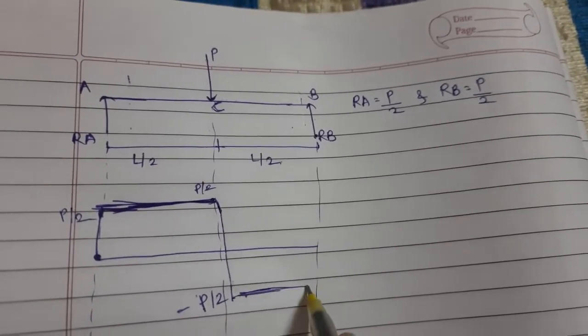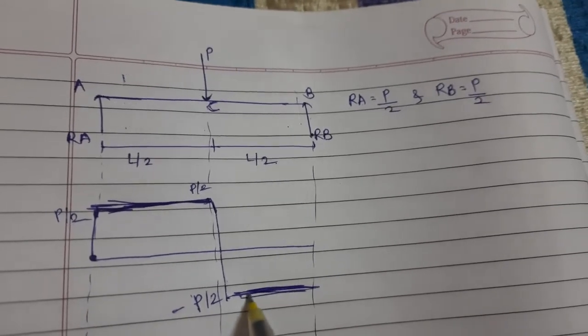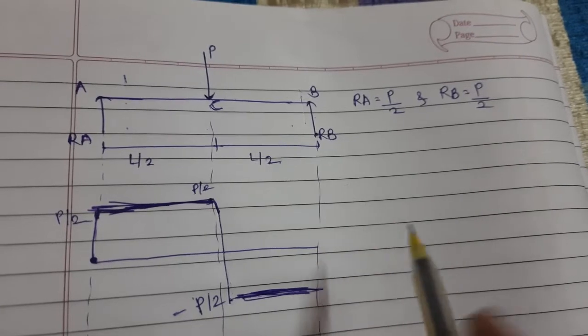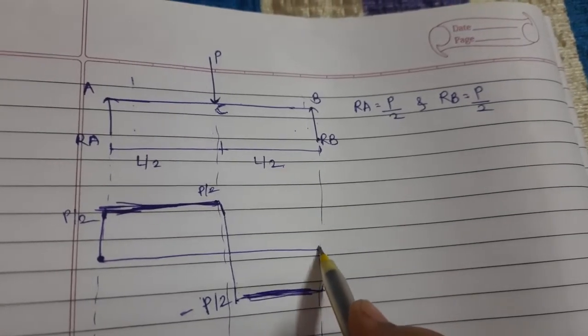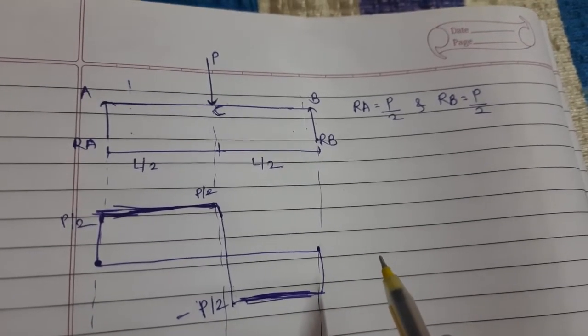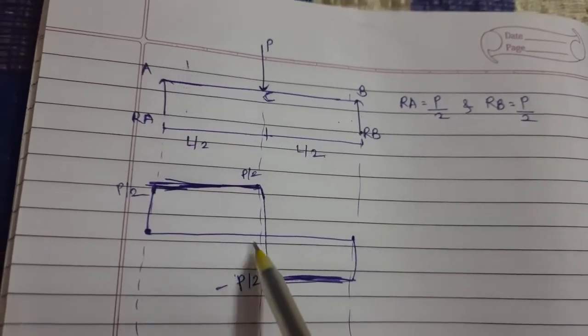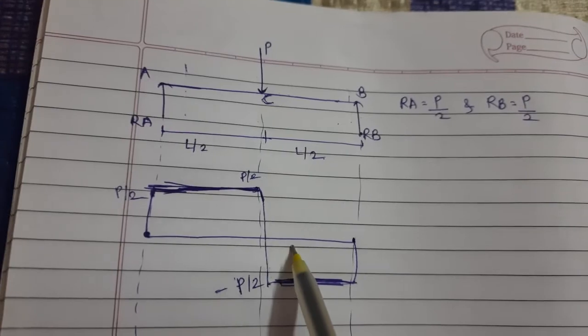Again, this is a horizontal line. And here 0. Simple. This is our shear force diagram. Are there any complications? No.